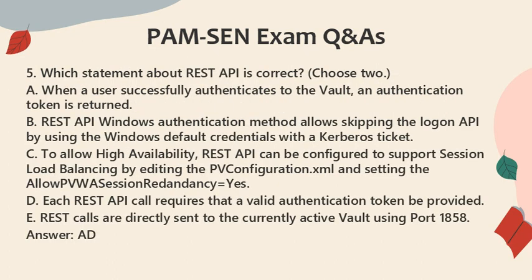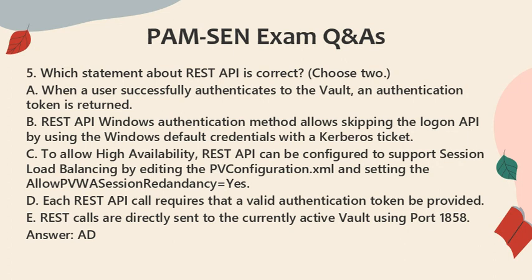5. Which statement about REST API is correct? Choose 2. A. When a user successfully authenticates to the Vault, an authentication token is returned. B. REST API Windows authentication method allows skipping the logon API by using the Windows default credentials with a Kerberos ticket.